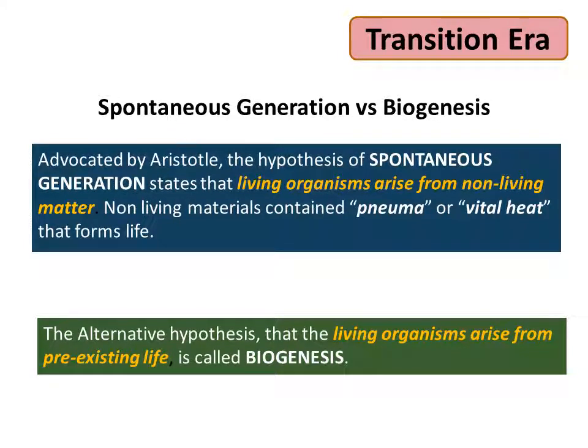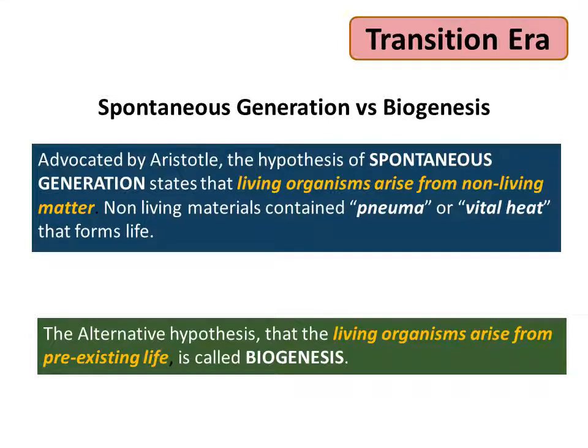All these observations gave them a cue, and they started believing that these non-living materials, such as wheat and the shirt, could give rise to living organisms. So they believed that the essence of life originated from another essence present in the non-living materials, which they called vital heat or pneuma.